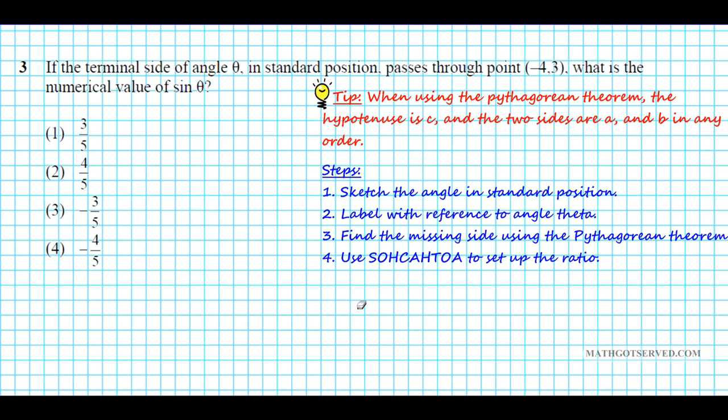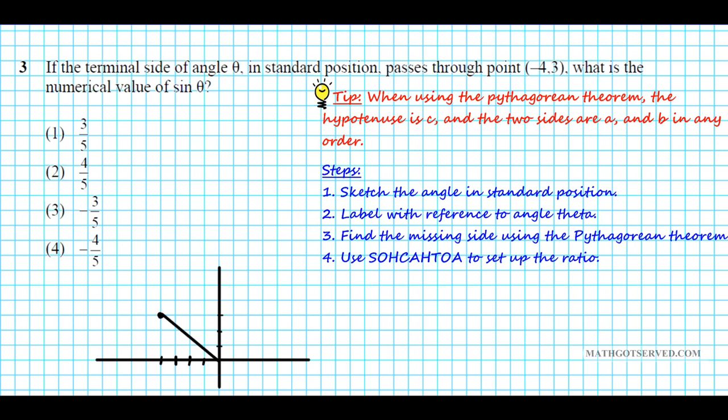So let's go ahead and sketch -4, 3 in standard position. That's not difficult, it's basic point graphing. Negative 4, 3 is going to be in quadrant number 2: 1, 2 for negative 4, and 1, 2, 3 up. There goes theta in standard position.